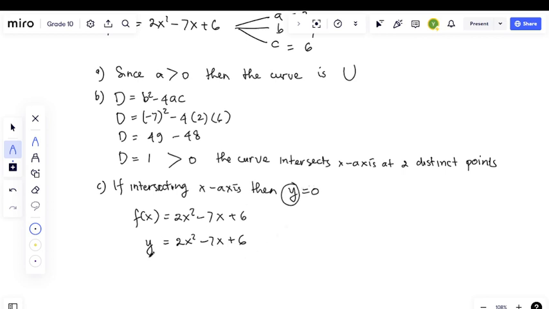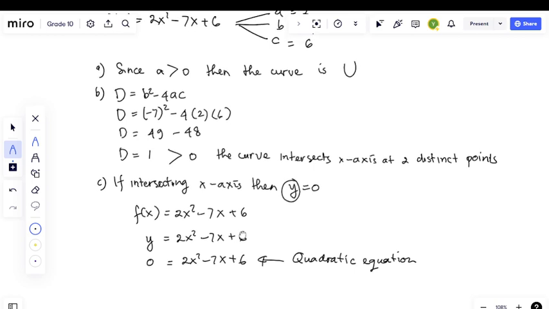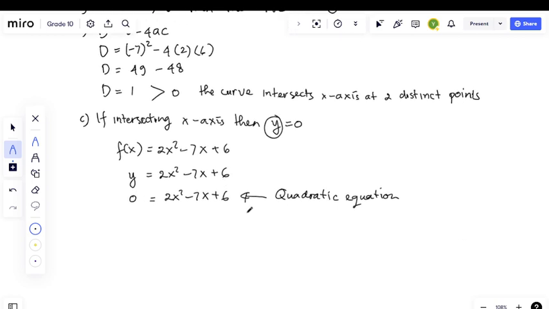Nah, karena y-nya 0, 2x kuadrat min 7x tambah 6 sama dengan 0. Quadratic equation. Jadi kalau f(x) sudah ada nilainya, then the function will turn into a quadratic equation, not a quadratic function anymore. Ya, jadi kalau f(x) sudah dikasih tahu nilainya, itu jadinya namanya persamaan kuadrat, bukan fungsi kuadrat.